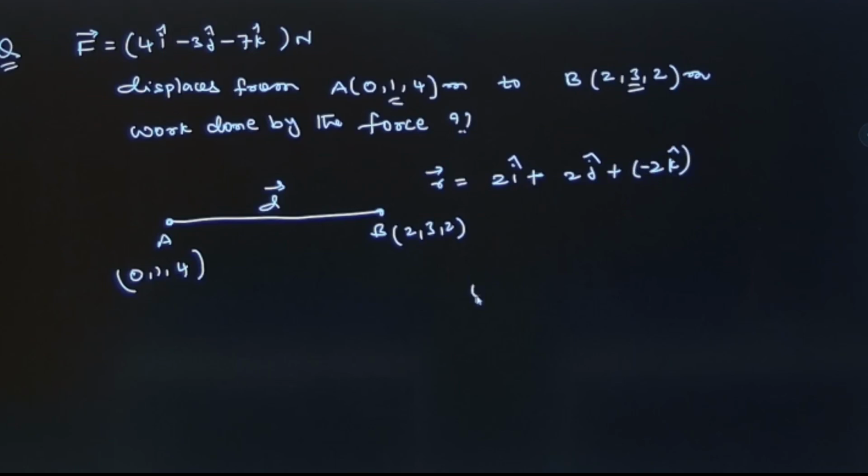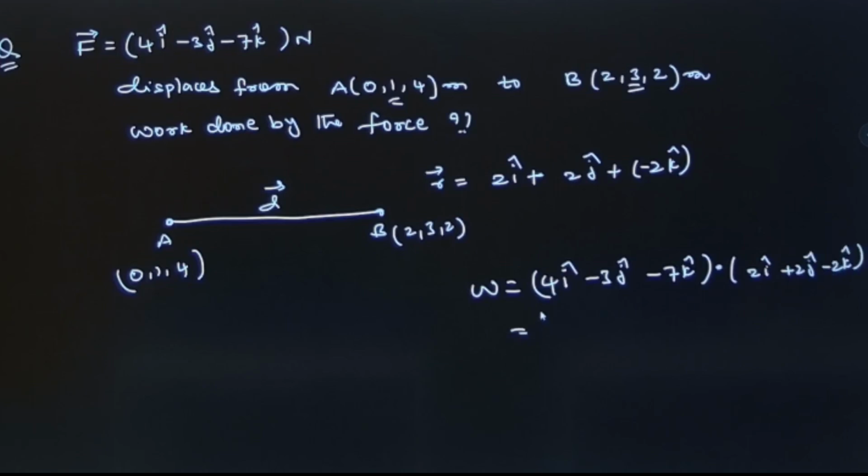Now find the work done. W equals 4I cap minus 3J cap minus 7K cap, dot product 2I cap plus 2J cap minus 2K cap. Simplify.